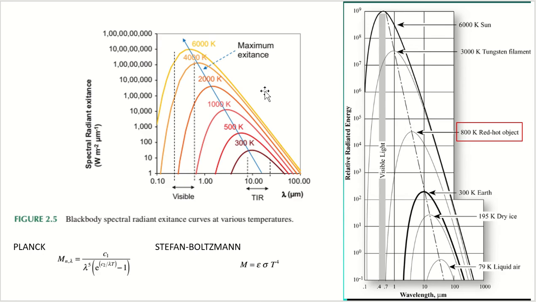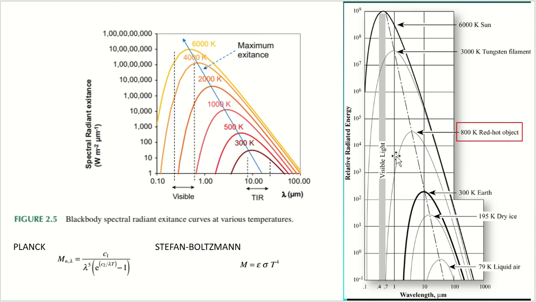So this 800 Kelvin object has a peak radiant exitance at a wavelength of, I don't know, that would be 7 micrometers. So somewhere just shy of what we consider thermal infrared, but beyond shortwave infrared. That's the peak value.